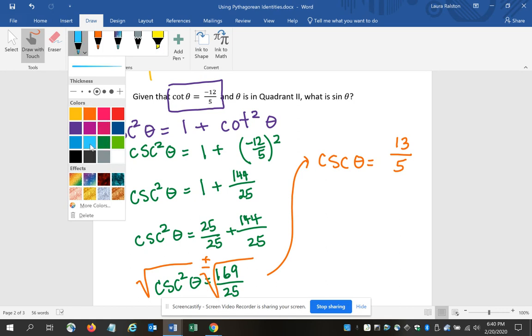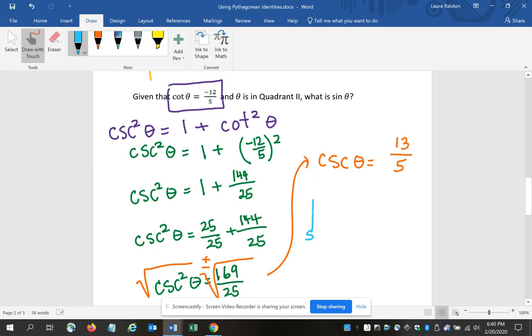And then you have to remember, we're trying to get to sine ultimately. Remember that the sine of theta is 1 over the cosecant theta. It's the reciprocal identity. So if I use the reciprocal identity, the sine of theta, and I flip it over, I'm going to have 5/13.